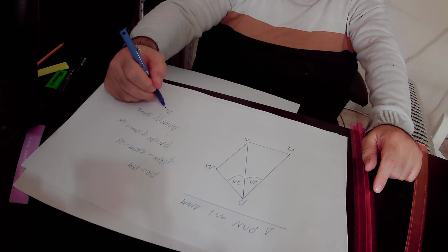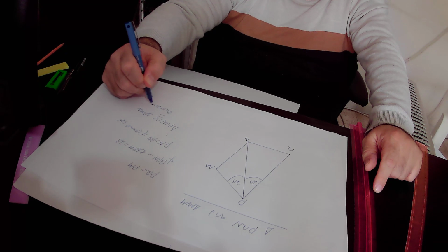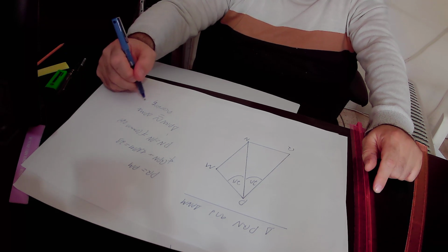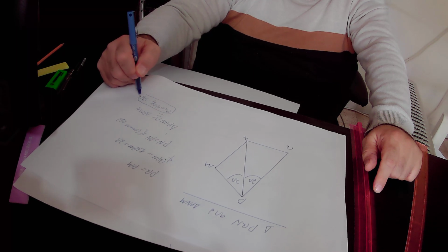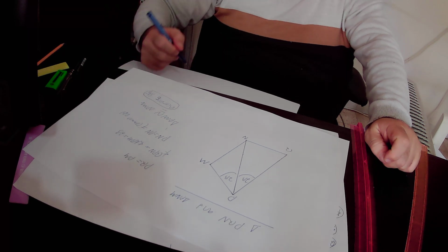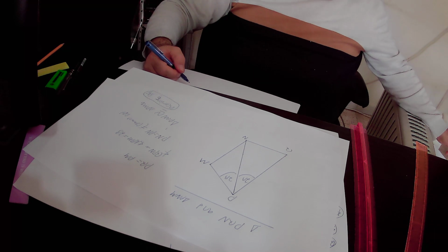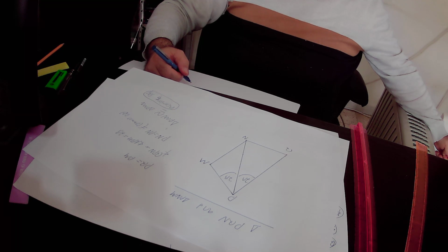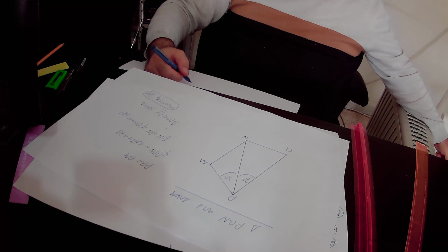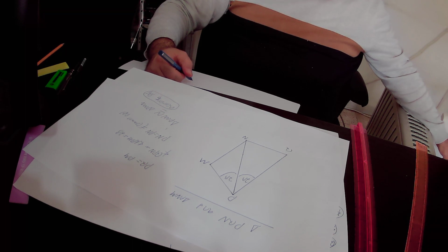So what is the side angle side rule? It says that if two sides and the angle between them in one triangle are congruent to two sides and the angle between them in another triangle, then those two triangles can go into each other.